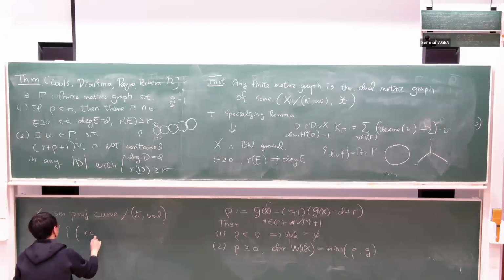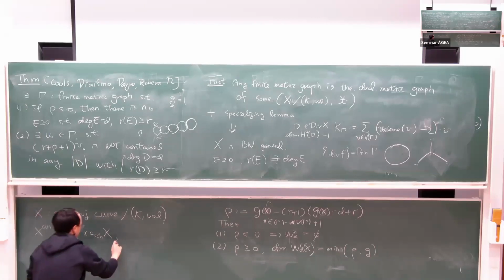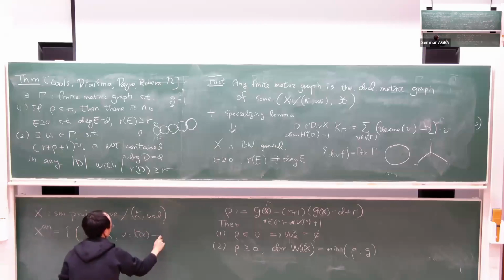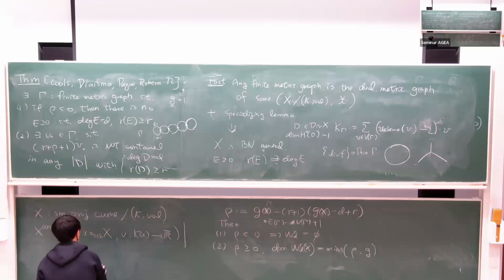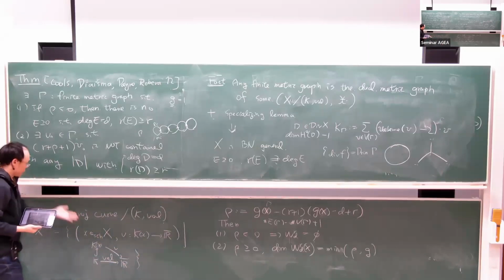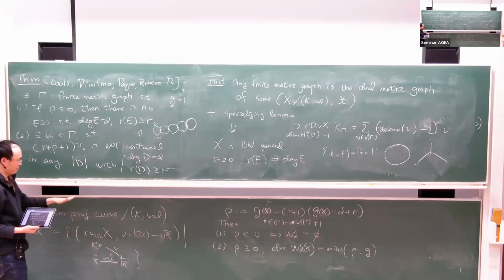It's the set of scheme points of X with valuations from the residue field to R bar, such that we have the following commutative diagram. Right, so it's a collection of different valuations on different residue fields.